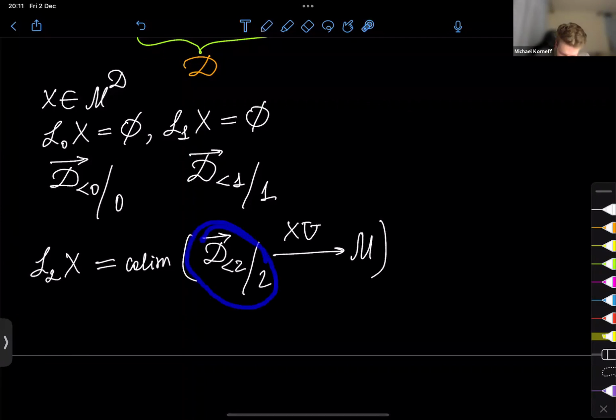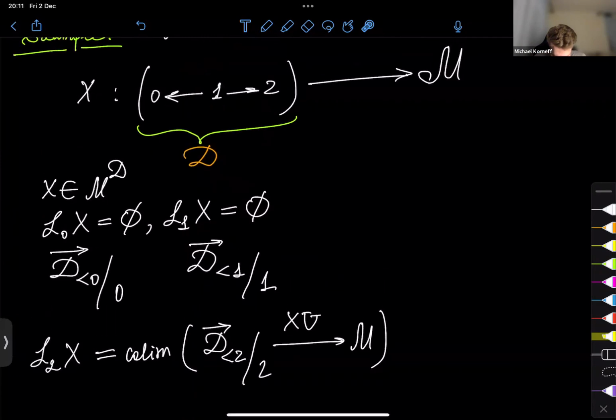And this category, of course, has one object, the morphism from 1 to 2, and after applying the forgetful functor, we of course obtain the object 1, and the colimit of this category, which consists of one object, is just the image of this functor on this object.